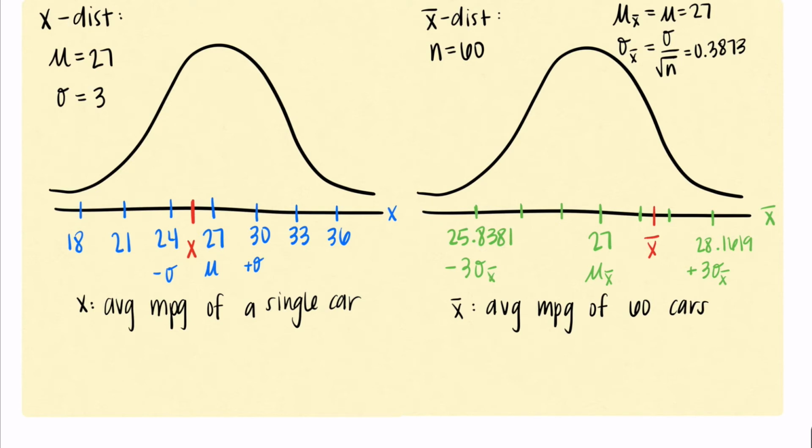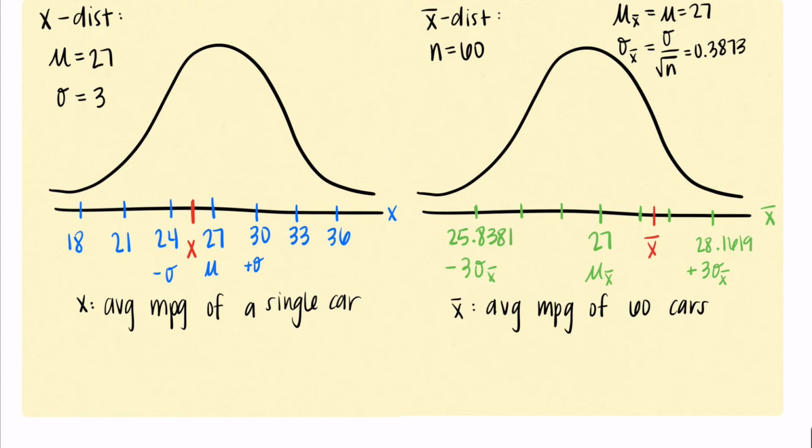So now let's talk about how to find probabilities for these things. Let's say I want to find the probability that a single car chosen at random has an average MPG greater than 31 miles per gallon.